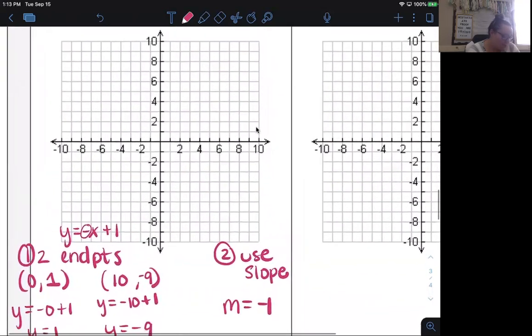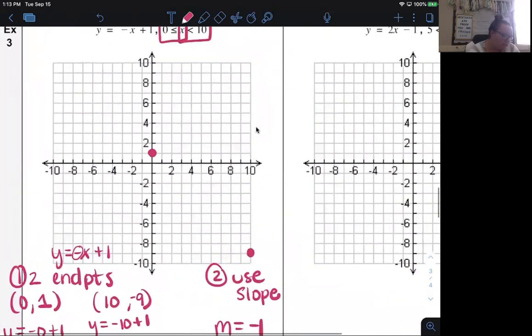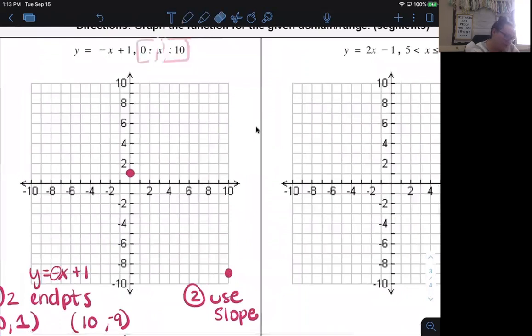So in order to do this graph, you're going to plot both of your endpoints. So we have an endpoint at 0, 1. And we have an endpoint at 10, negative 9. So 10, negative 9 would be right here. Now we need to double check whether or not those should be open circles. So according to this, x is less than or equal to 0.